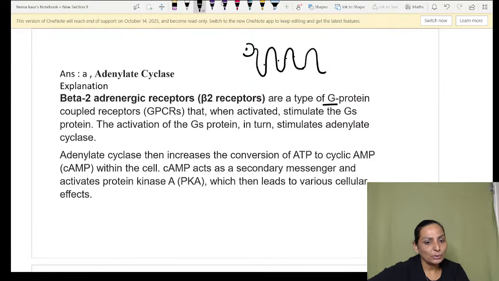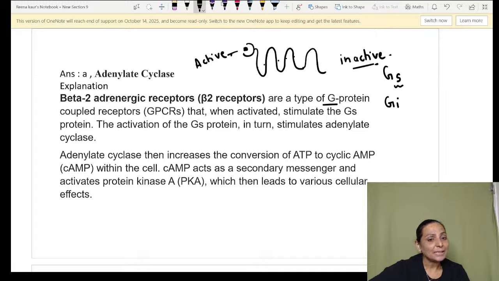When the hormone is not bound, it is inactive, and as the hormone binds, it becomes active. Again, it can be Gs, that means stimulatory, or it can be Gi, that means inhibitory.